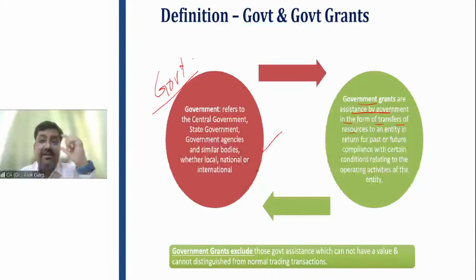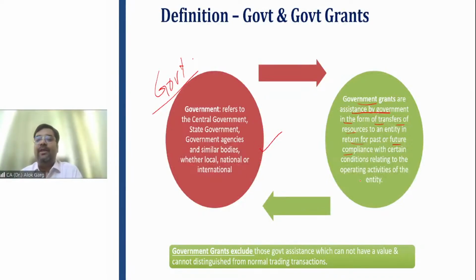The government is transferring resources to an entity in return for past or future compliances, right? In the past, the company has done some good work, or in the past, the company has met some conditions, or the company will meet some condition in the future, and that is why the government is transferring some resources to the entity. The resources could be in the form of cash.